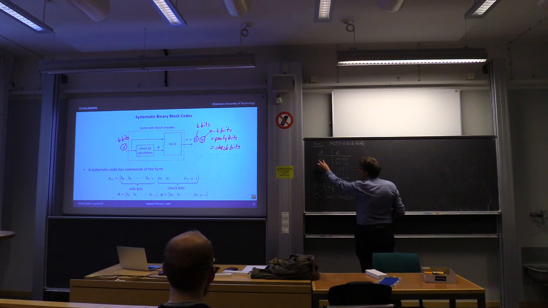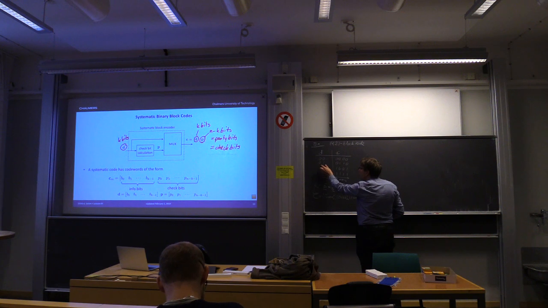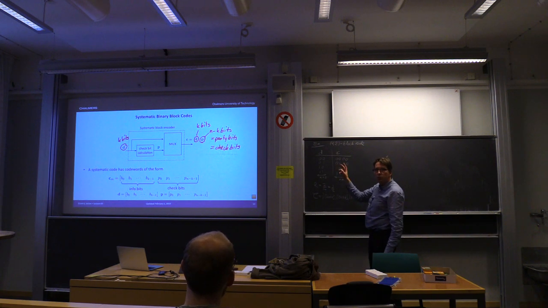Because the first two bits, 0, 0, are the first two bits here. 0, 1, 0, 1, 1, 0, 1, 0, 1, 1, 1, 1. Right? And if you look at this, you see that the last two bits is basically the input bits in reversed order. I just did that because it was easy for me to remember.